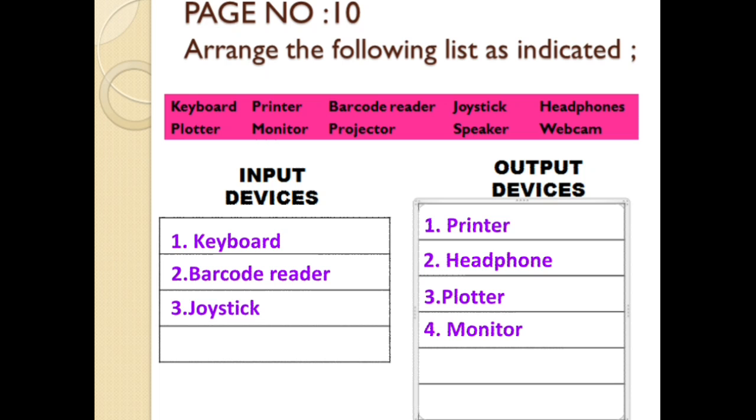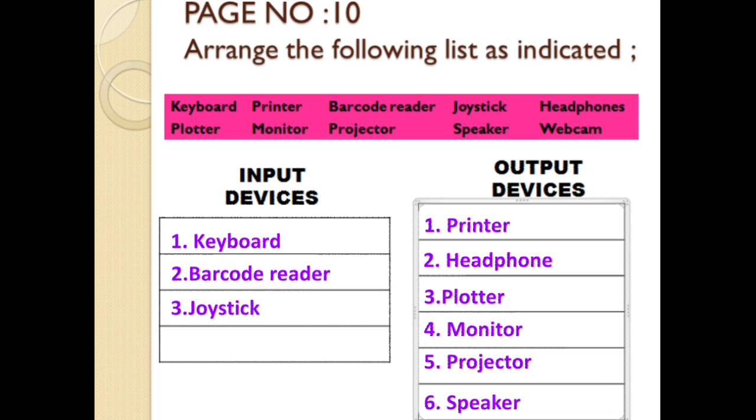The next one is projector. It gives the presentation on a large screen, so it is an output device. The next one is speaker. Speaker also gives the sound, no? So it is also an output device.